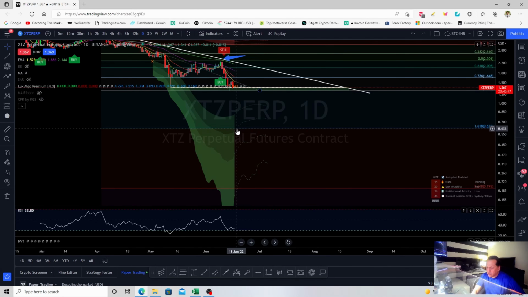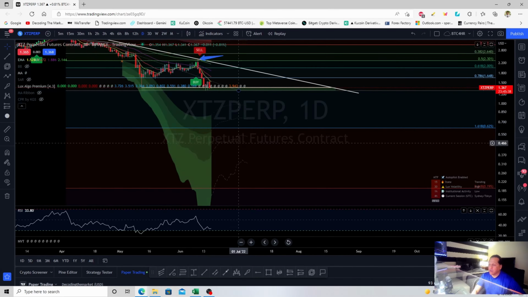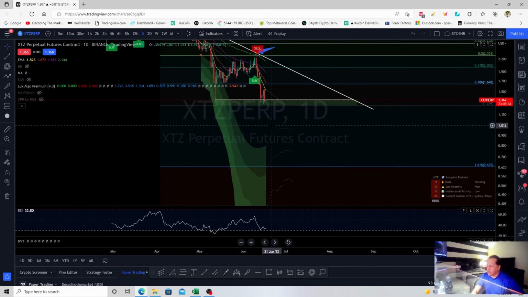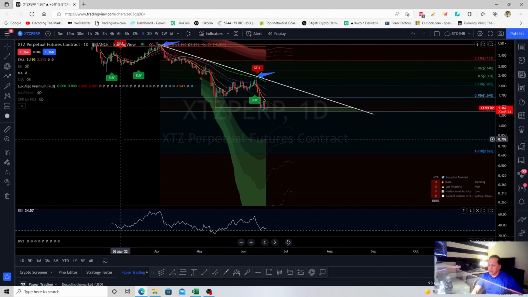So right here would be a nice opportunity to go long, but I think we need to have first the confirmation if the price breaks below this green box area to the downtrend to go long. So that is what I've been expecting for Tezos.